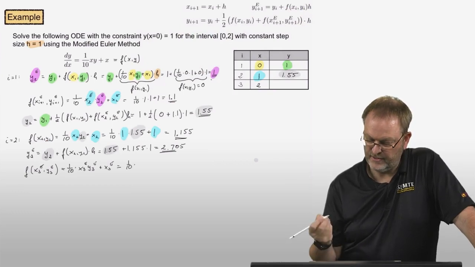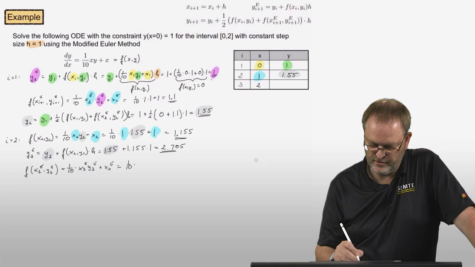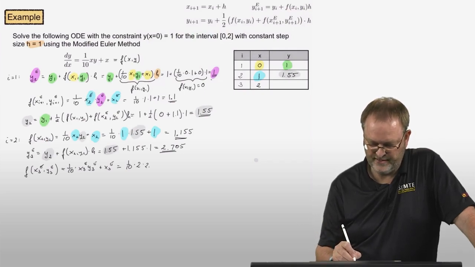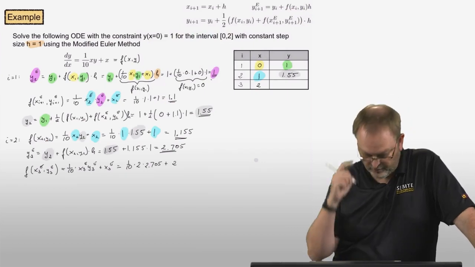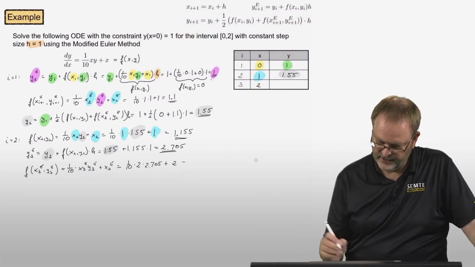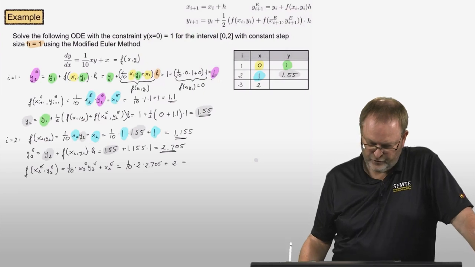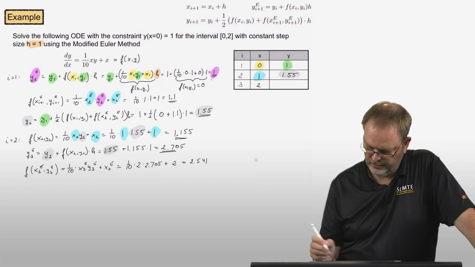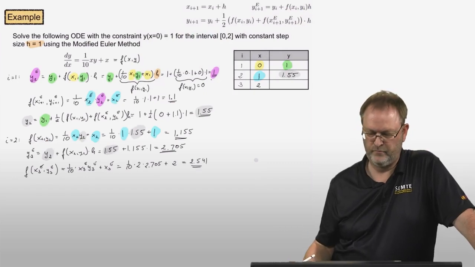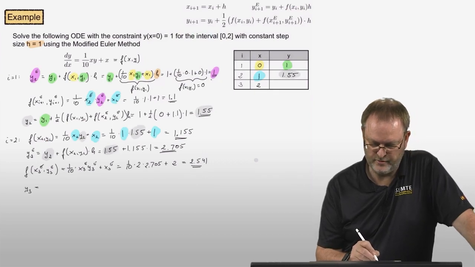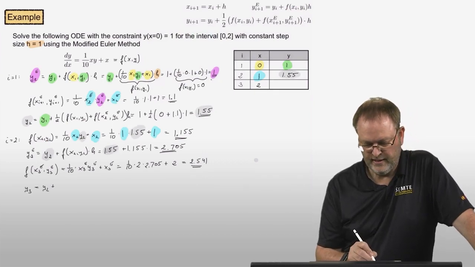So 1/10 times x3 Euler, which is the same as x3, so that's equal to 2. y3 Euler I just found is 2.705 plus x3 Euler, that would be equal to 2. And that then is equal to 0.541, so 2.541. There we go.